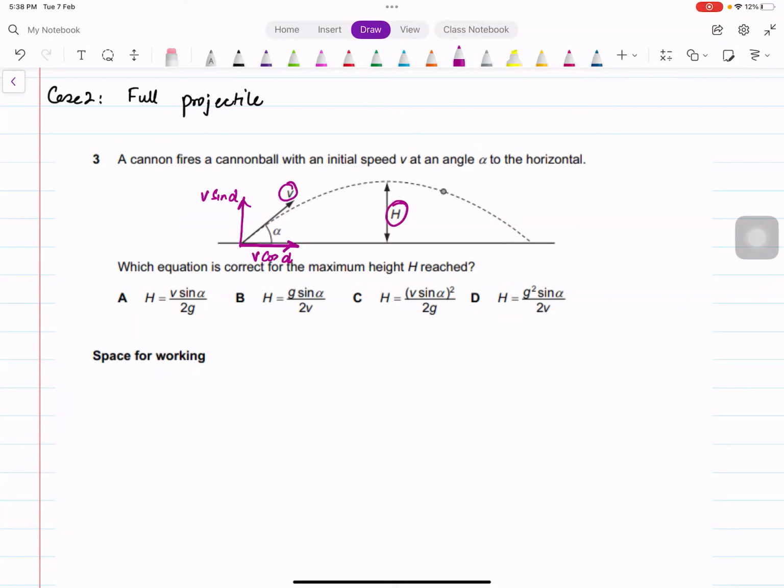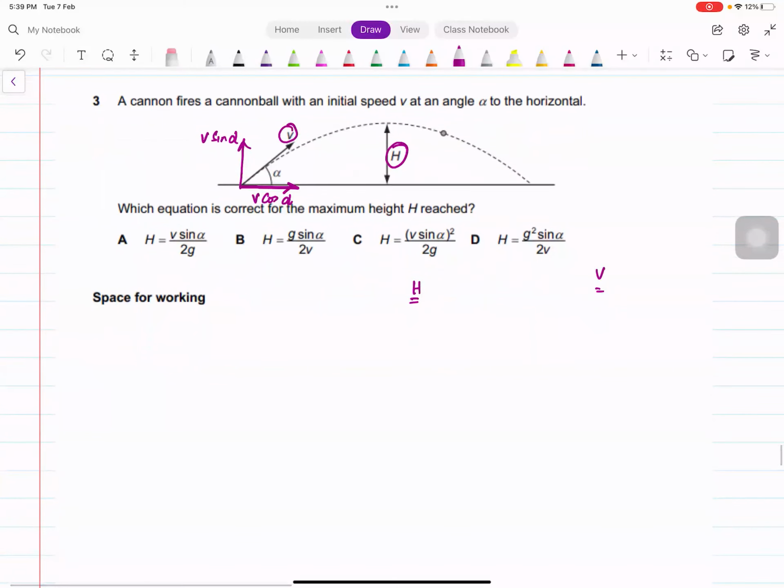Now, first of all, I would like to make horizontal and vertical, where I need to fill up the information that I have. Velocity, displacement, time, and in this one, SUVAT. I do have horizontal velocity, which is v cosine of alpha. I do not have the displacement. I do have the time.